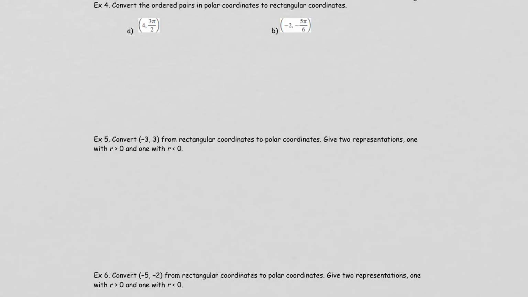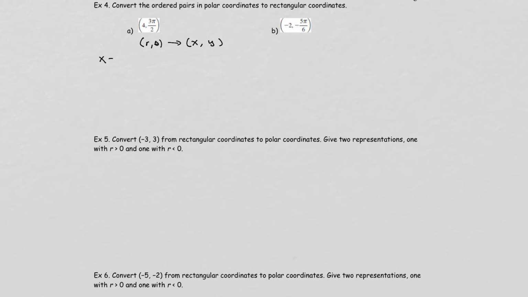So let's do an example. We want to change polar to rectangular here. So this one right here, we have 4 and 3 pi over 2. Don't forget this is distance and angle, and we're trying to change it to x and y values.